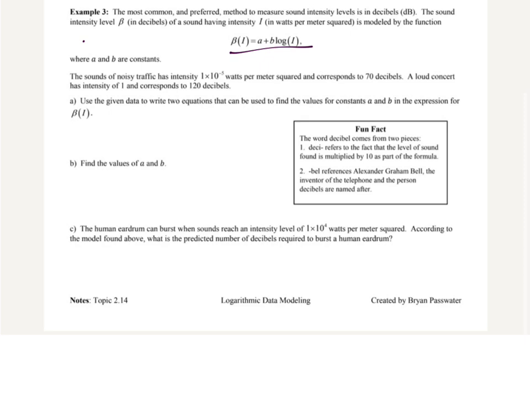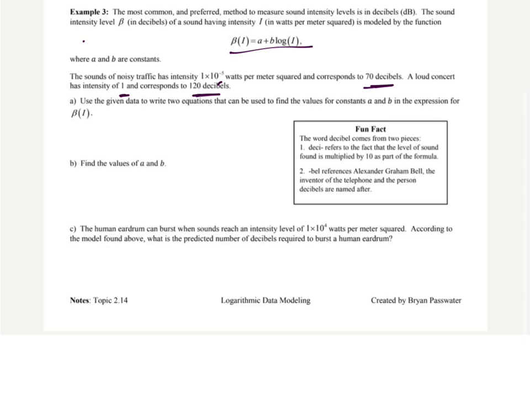I is just X. Beta of I is your Y. It says the sound of noisy traffic has intensity of 1 times 10 to the negative fifth power watts per meter squared and corresponds to 70 decibels. A loud concert has intensity of only 1 and corresponds to 120 decibels. So could we use that information to write two equations?